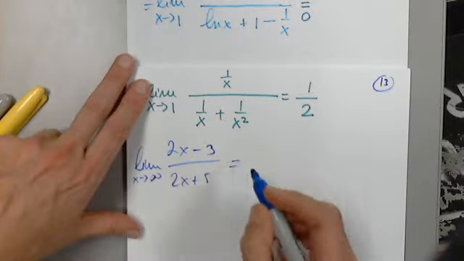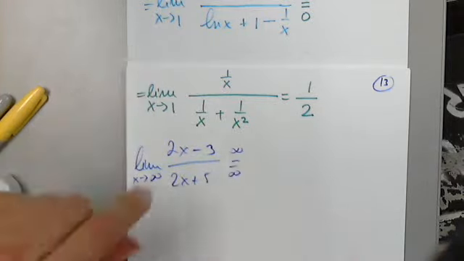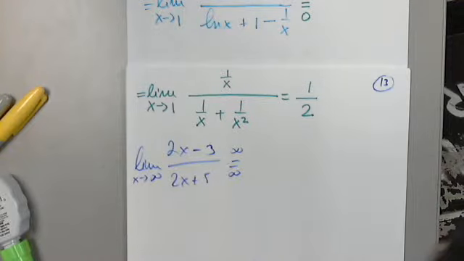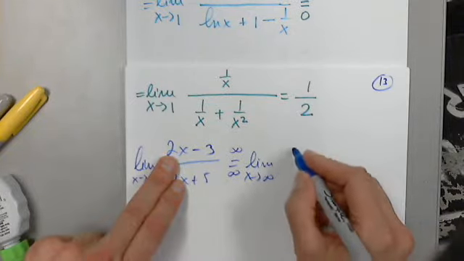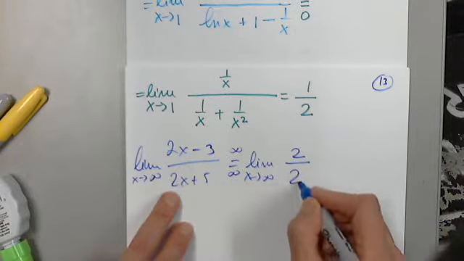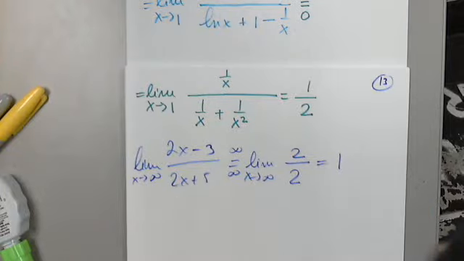Very good. So since it's infinity over infinity and it's a ratio, inside the limit I can apply L'Hopital's rule. Oh, that's good. Okay. So the numerator prime is 2, the denominator prime is 2, so the answer is 1.